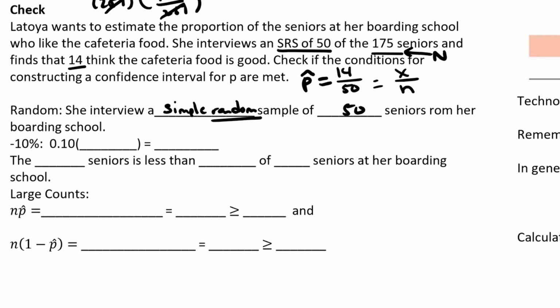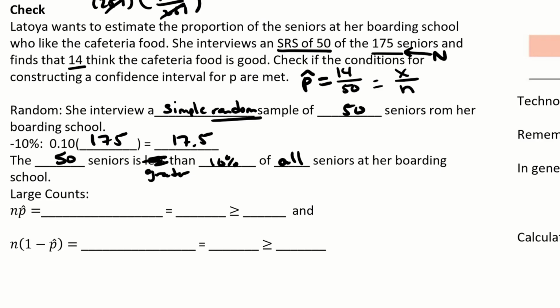All right, so now let's do 10% of the population. There were 175 seniors. 10% of that is 17.5. And so we see that the 50 seniors that she selected is greater than, not less than, that's a typo, is greater than 10% of all seniors.